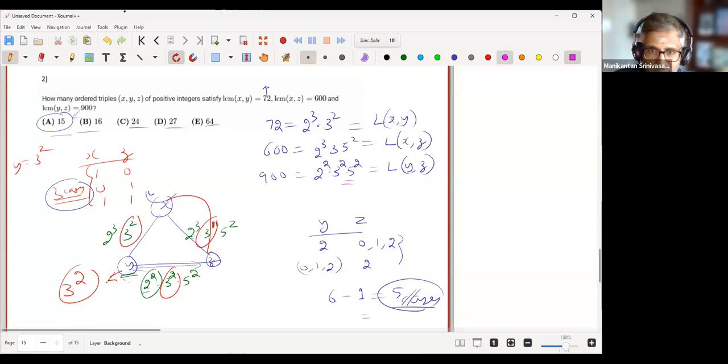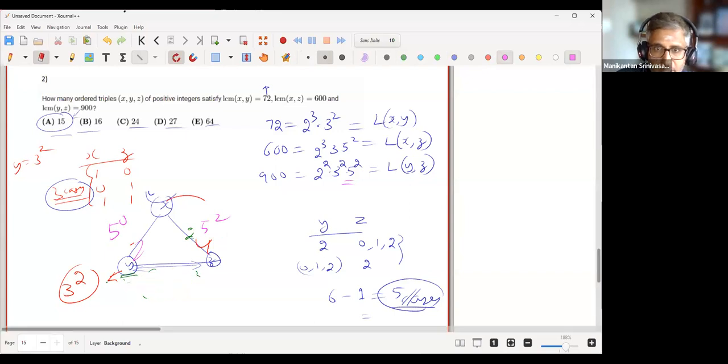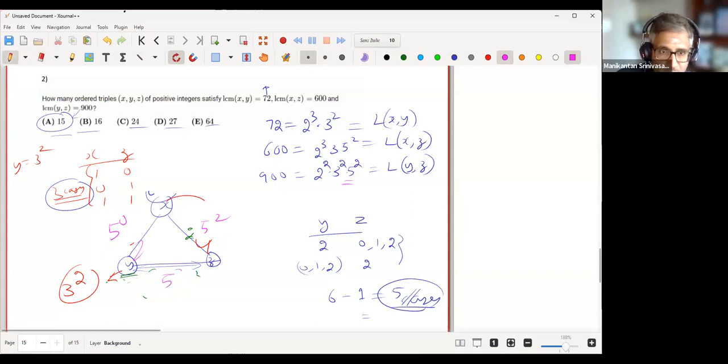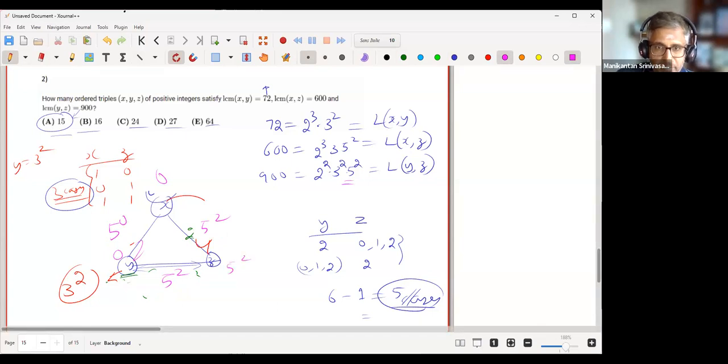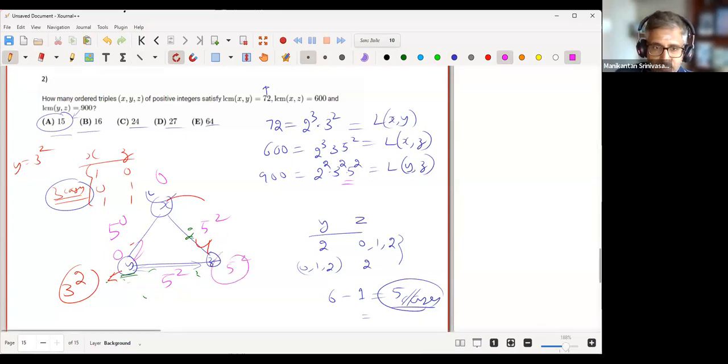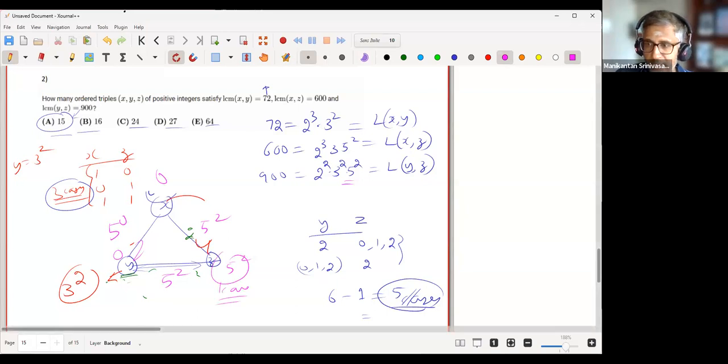The power of 5 between X and Y is 5 power 0, between X and Z is 5 power 2, and between Y and Z it's 5 power 2 as well. So clearly X and Y are power 0 and 0, and the 2 has to come from Z. So there's only one case here. Therefore, 5 into 3 into 1, 15 cases.